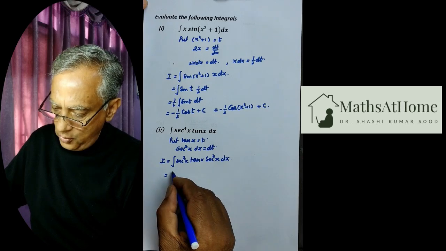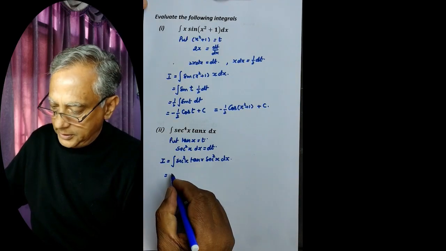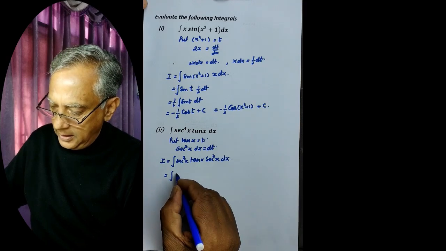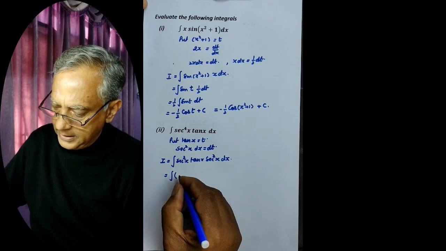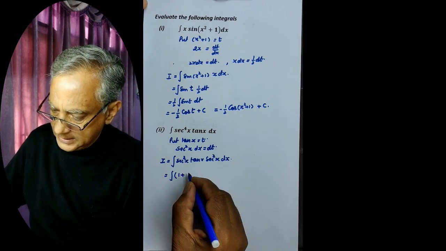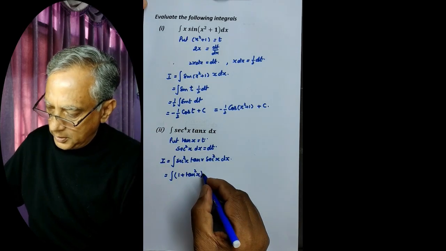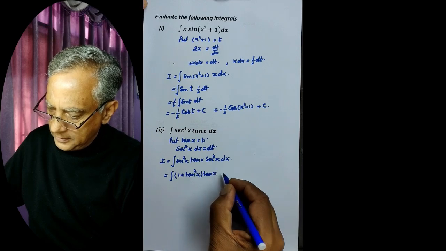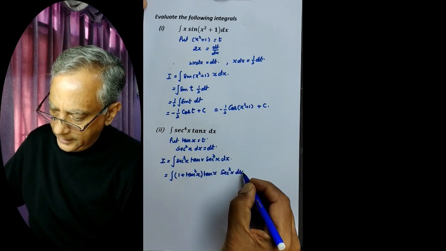And this is equal to, we have separated this. This is equal to integral secant square. Secant square can be written in terms of tangent as 1 plus tangent square x into tangent x into, this is expressible as dt.